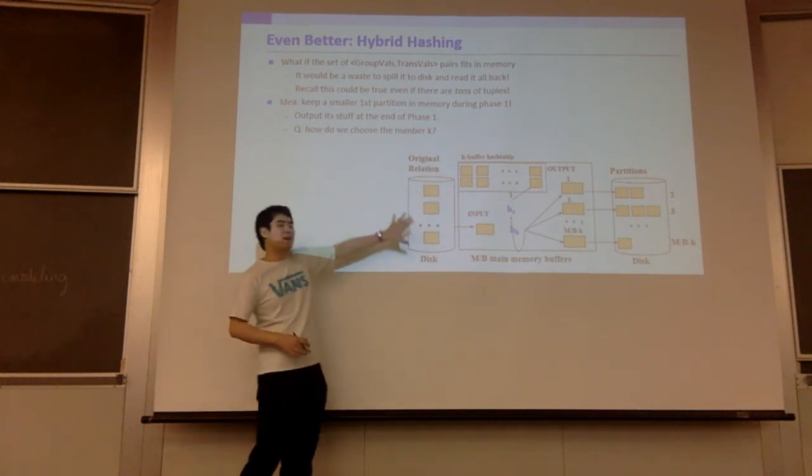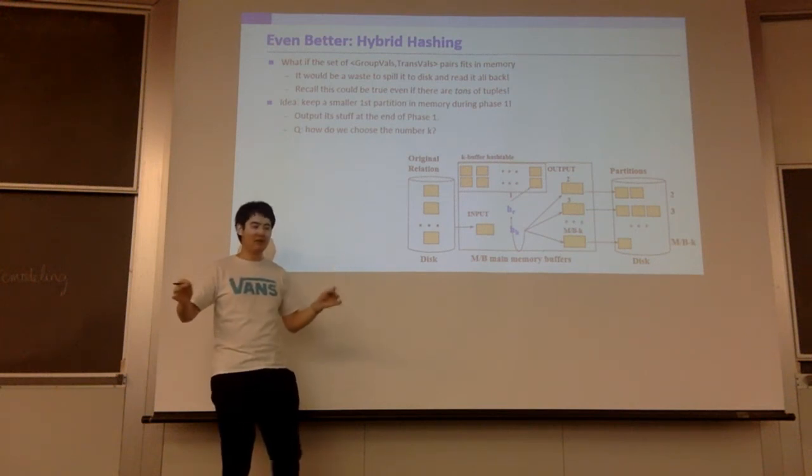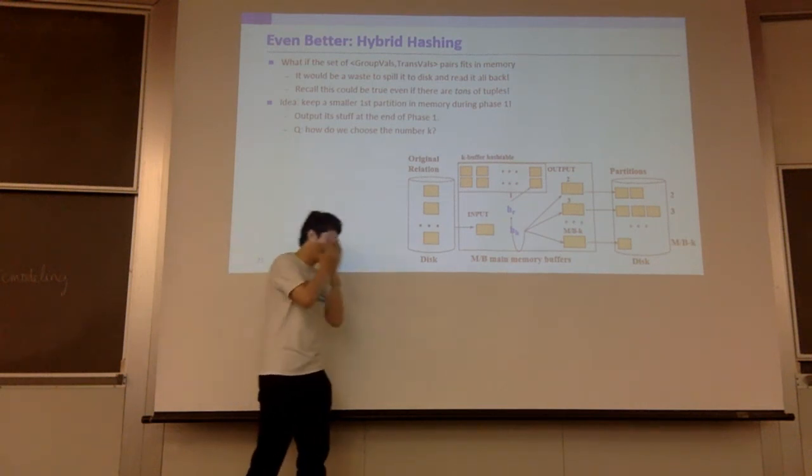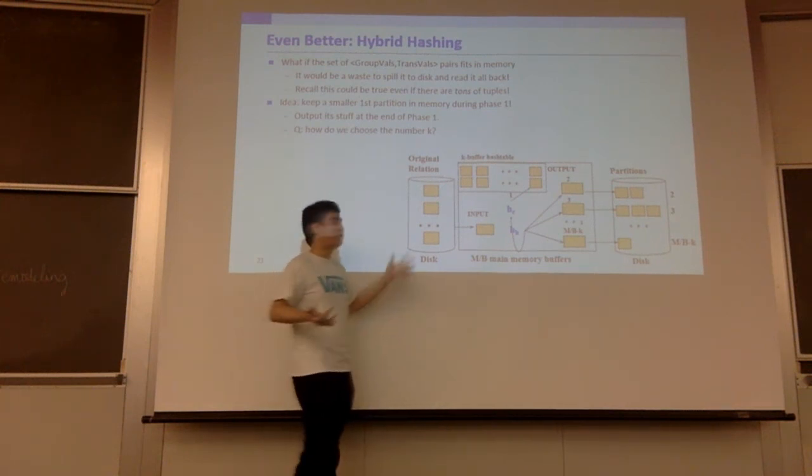And you can actually apply this at every step. When you are bringing the partitions on disk back into memory to build a hash table, you could also apply this.